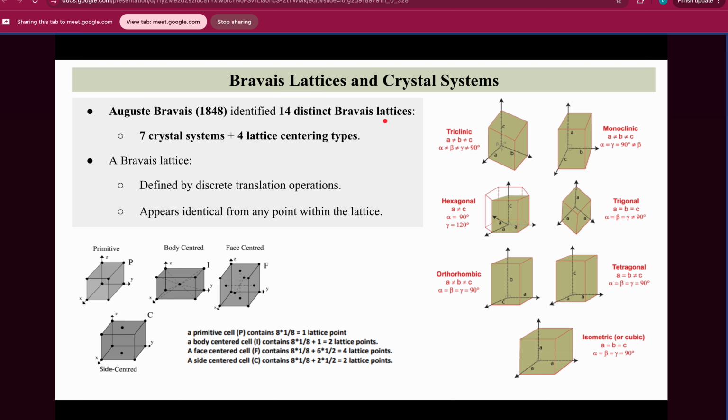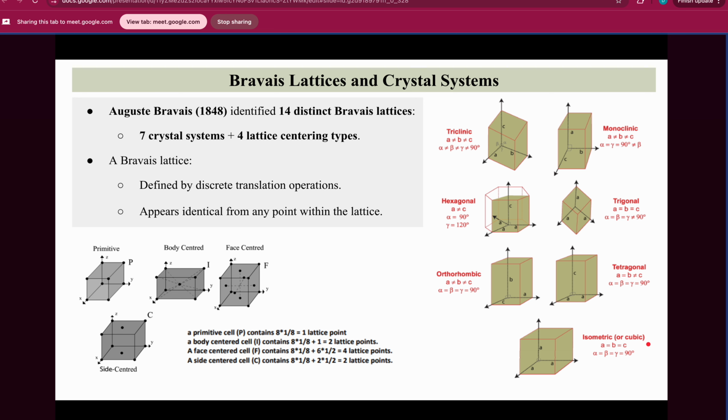What it means is that they generate 14 different types of three-dimensional arrangement of lattice points. And the Bravais lattice is defined by discrete translational operations and appears identical from any point within the lattice. Now we'll quickly talk about the 7 crystal systems which are present. They are triclinic, monoclinic, hexagonal, trigonal, orthorhombic, tetragonal, and isometric.